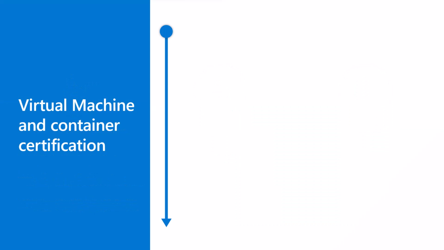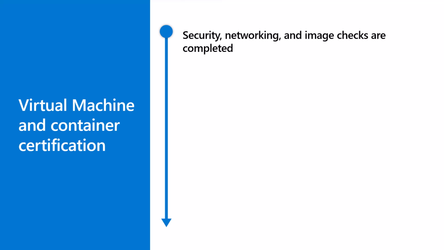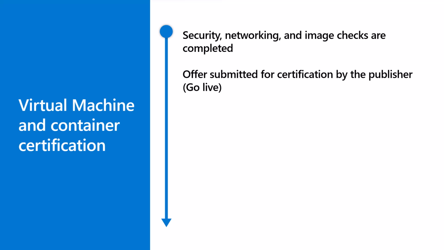Let's take a look at the continuum of things that are assessed during offer creation and publication processes. Firstly, publishers perform security and network assessments on the images to be published. When the images are ready, along with the rest of the offer, it is published in an event triggered by the publisher in Partner Center.